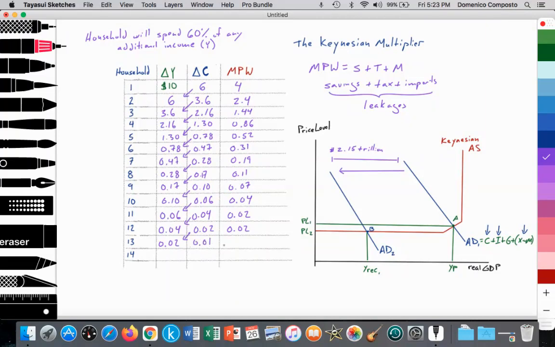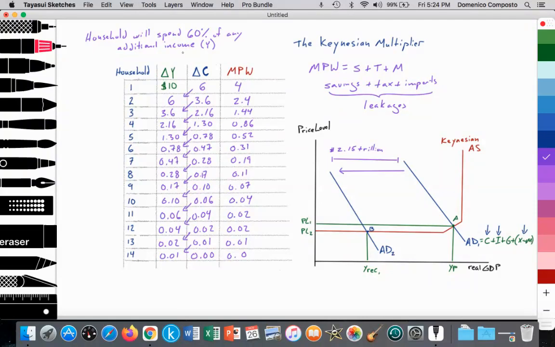If we round up, that's 1 cent that's spent. It should be 60%, but we're going to round up to that second decimal figure. And then about a cent that is withdrawn. And then the last cent ending up in household number 14. And they will spend none of it, because we can't take the fractional value, 60% of that. So there we are at the very, very end.